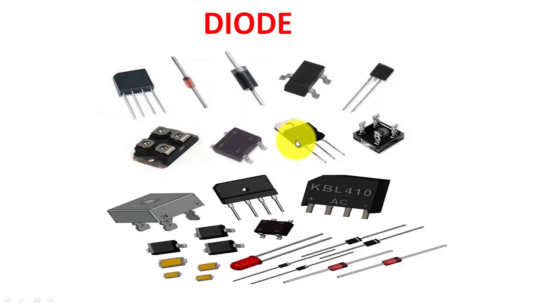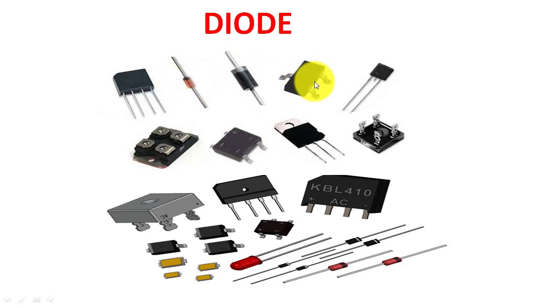Today I'm going to discuss diodes, how a diode works and what a diode is. I will discuss everything about diodes. You can see there are a lot of diodes here. This is a 2-pin diode, and this is a general diode.